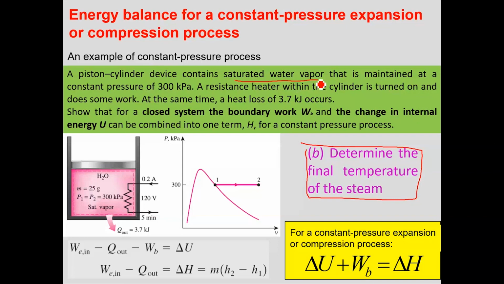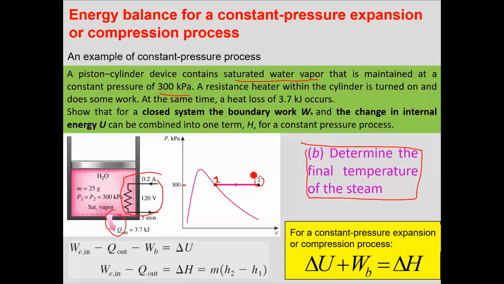So 300 kilopascal saturated vapor is your first state. As a result of this resistance heating and some heat loss out of the system, your system moves to state 2. For the moment, let's assume that this state 2 is over here.